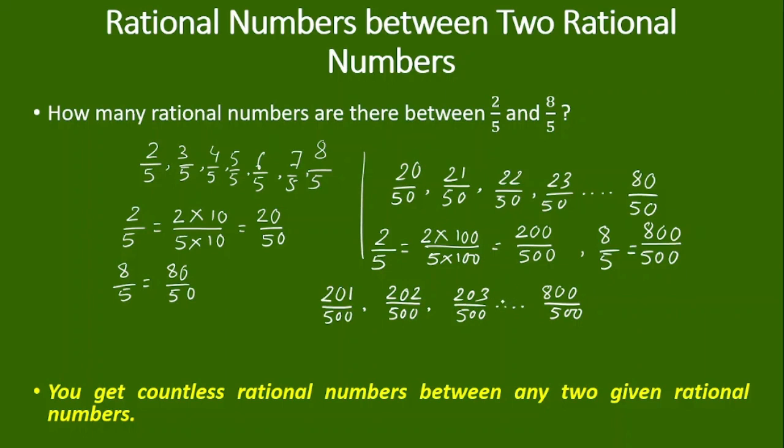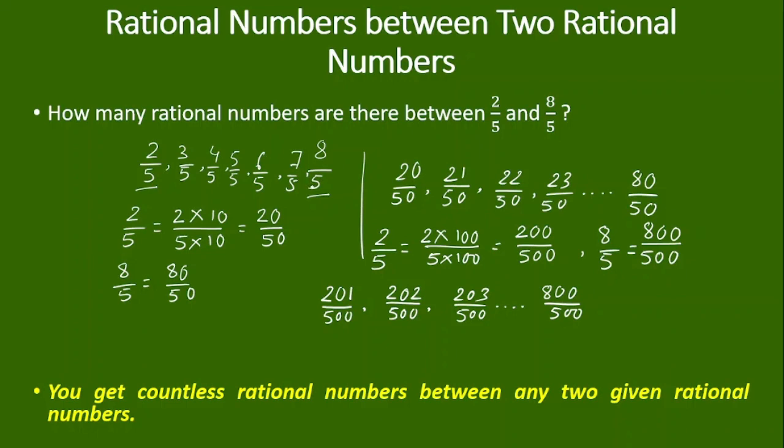So here what I want to tell you is we can't have a definite number of numbers between two rational numbers. If you are given two rational numbers, 2 upon 5 and 8 upon 5, and I say write all the rational numbers lying between these two numbers, then it will not be possible, because the numbers are not definite.